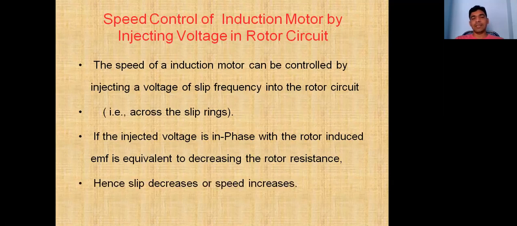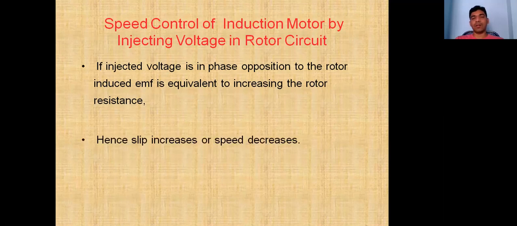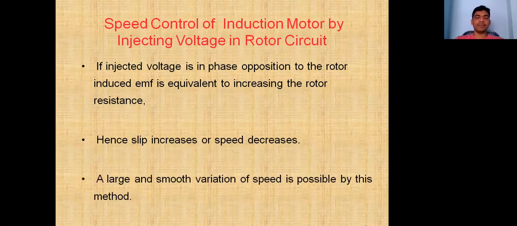Hence, slip decreases, speed increases. If injected voltage is in opposition to the rotor induced EMF, it is equivalent to increasing the rotor resistance. Hence, slip increases and speed decreases.